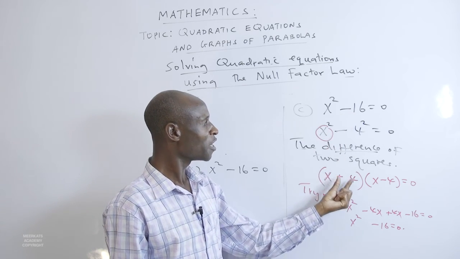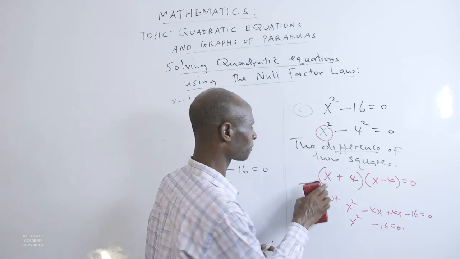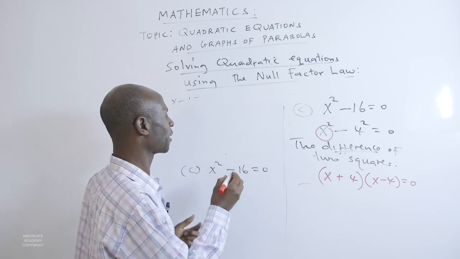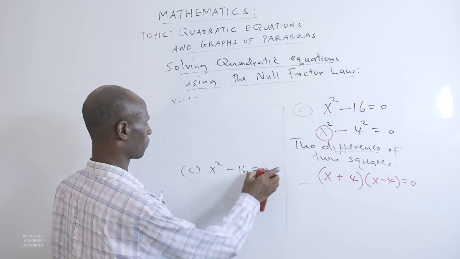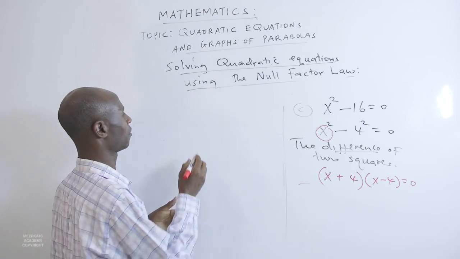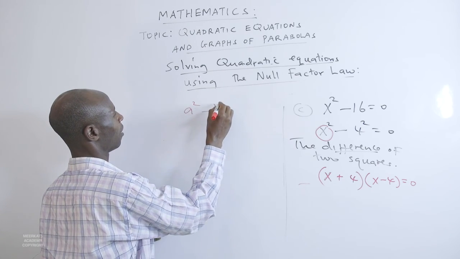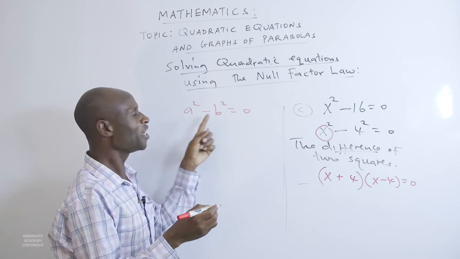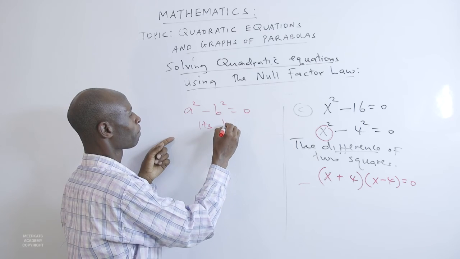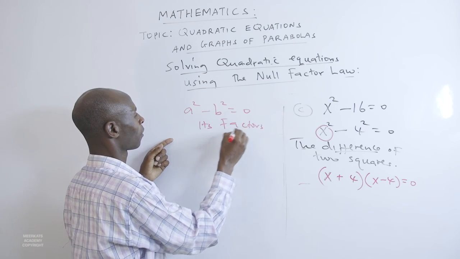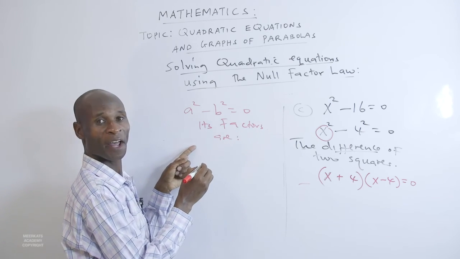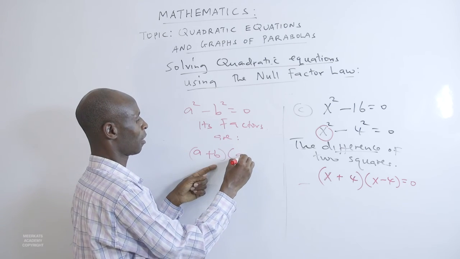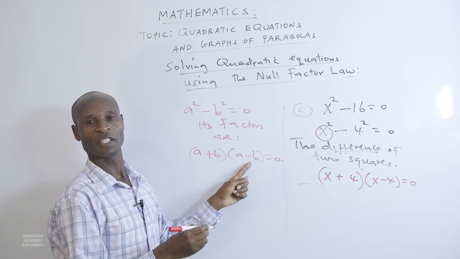So that means for a difference of 2 squares, for example, a squared minus b squared is equal to 0, then its factors are a plus b, a minus b is equal to 0.